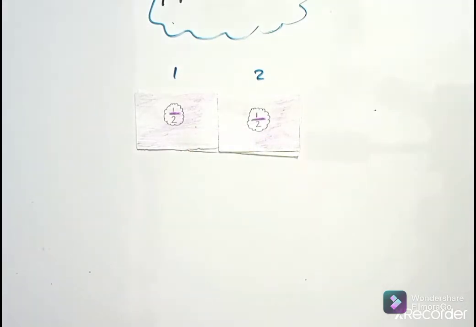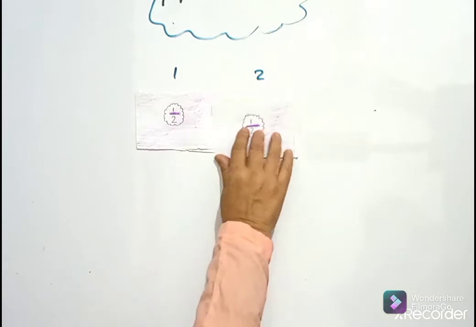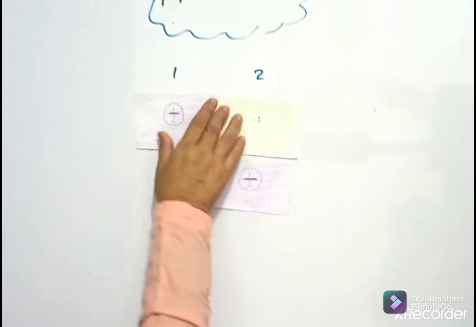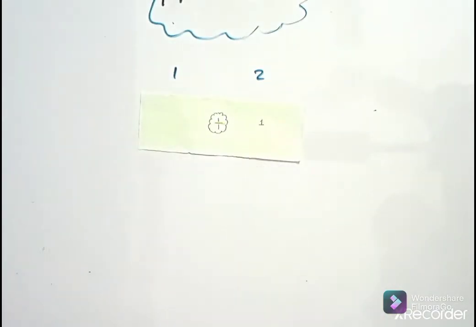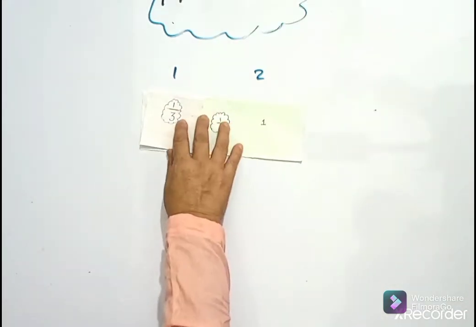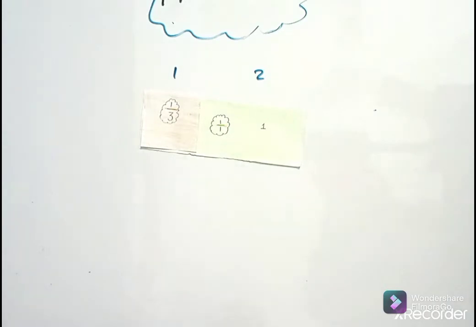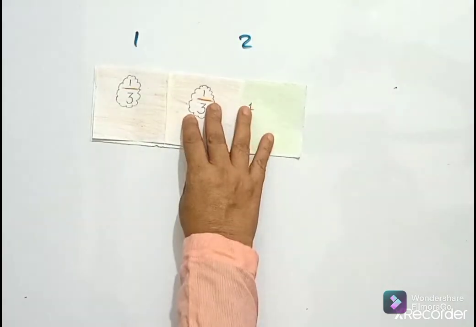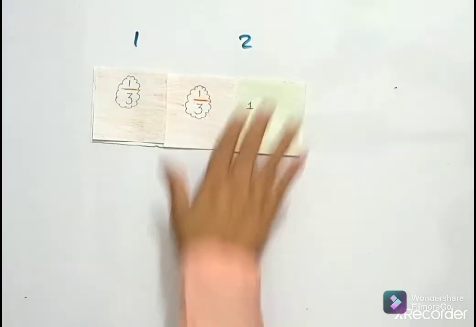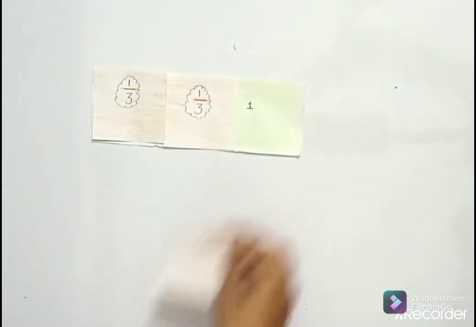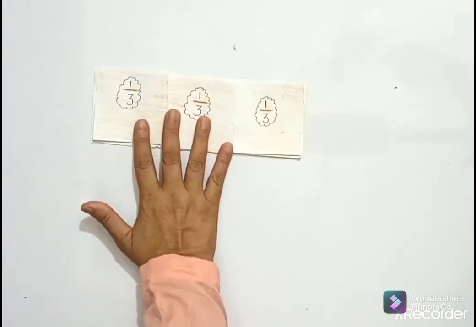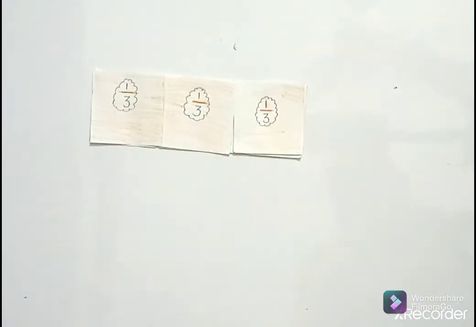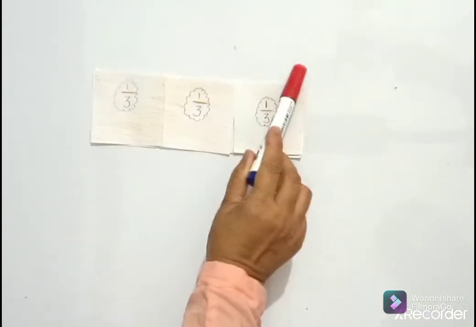Very good. Now you will tell me, if I divide this whole into 3 equal parts, 1, 2, and 3. How many parts is the strip divided into? 1, 2, 3.